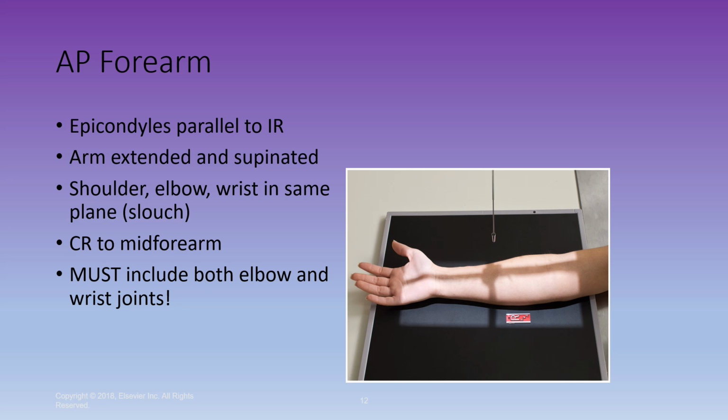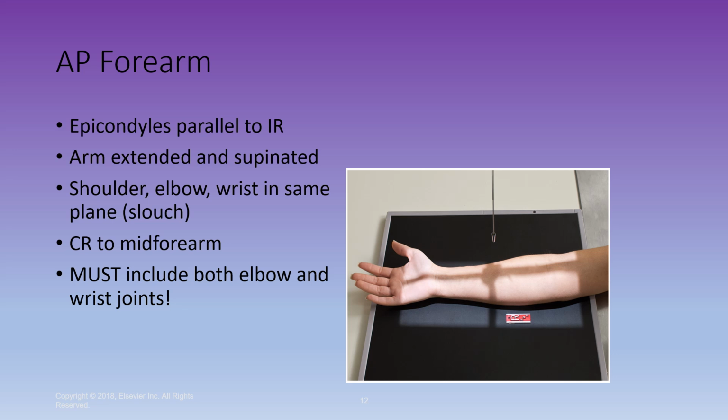What you'll find a lot of times is if the patient can have their hand supinated and their wrist is AP, sometimes their elbow will not be quite AP, but you try to get your best as far as getting that as straight, depending on where the injury is. If the injury were closer to the wrist, I would attempt to get the wrist straighter. If the injury were closer to the elbow, I would focus more on trying to get the elbow straight if you couldn't get both frontally straight on.